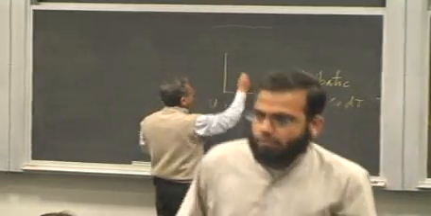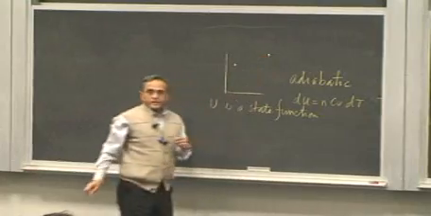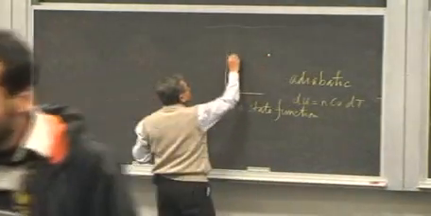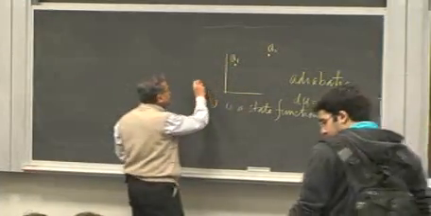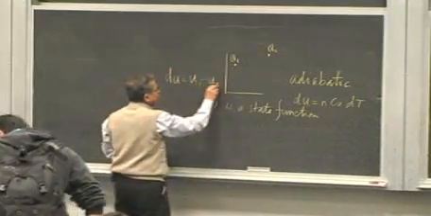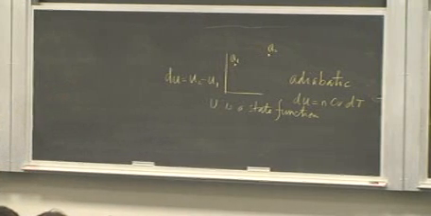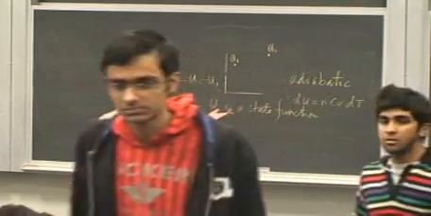If in a state space a point is here and a point is here, then U is defined over here and U is defined over here. This is U1 and this is U2, and dU is U2 minus U1, whatever the process. Because this is a state function, whatever the process, change in U will be the same.